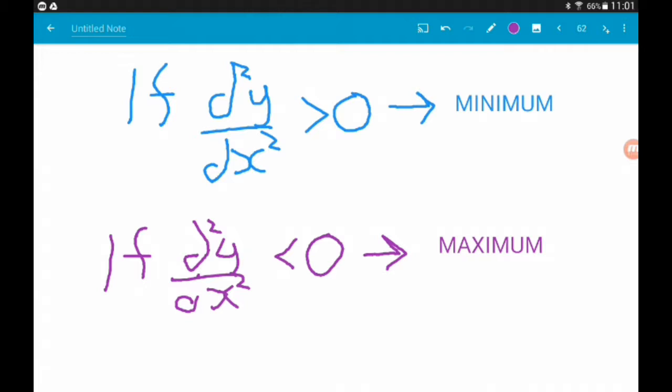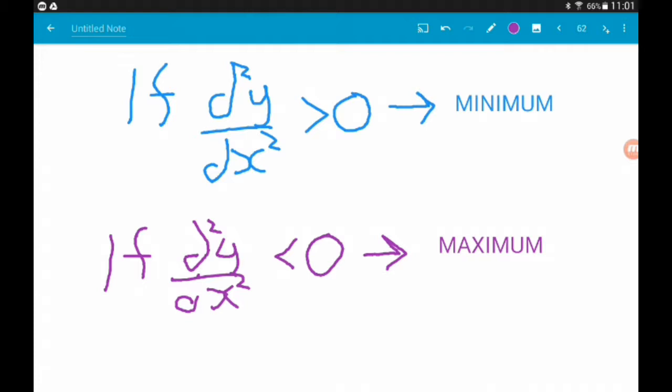If at a point you get the second derivative equal to 0, then you've got a bit of a problem. It's indeterminate what that point is, so we have to get a little bit clever and use another method.